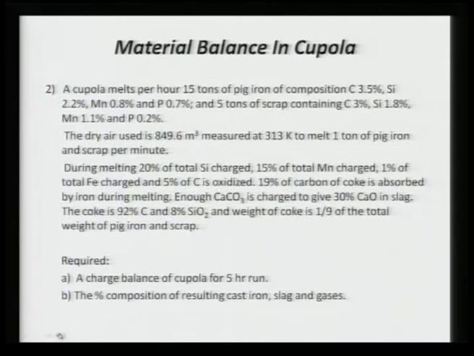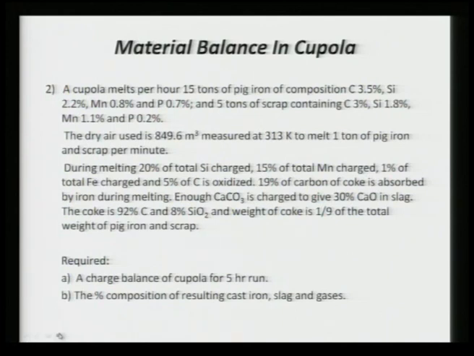The dry air used is 849.6 meter cube measured at 313 Kelvin to melt 1 ton of pig iron and scrap per minute.